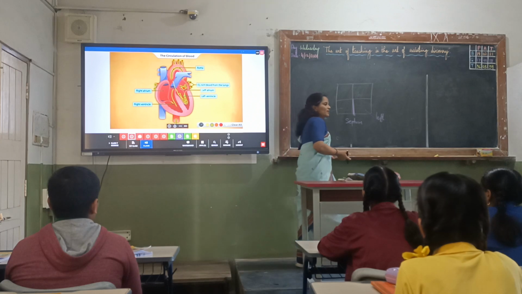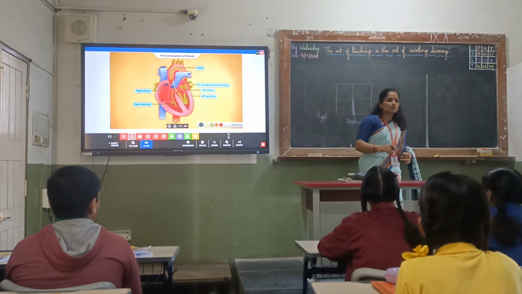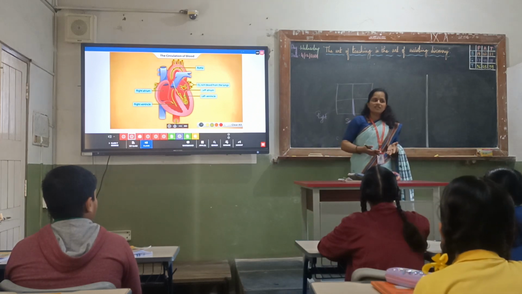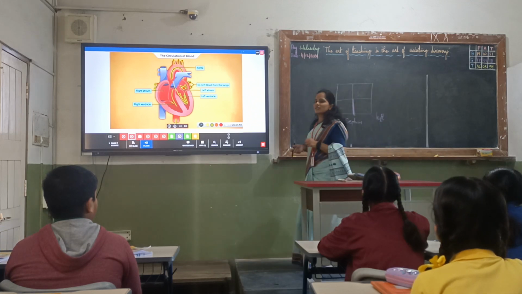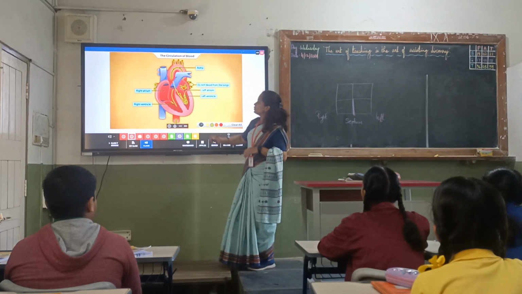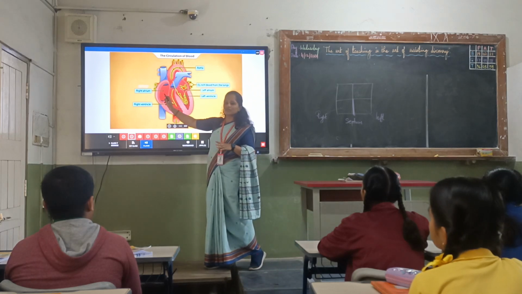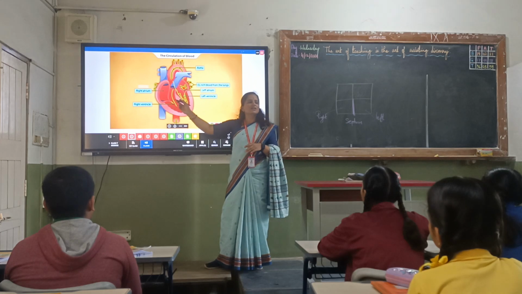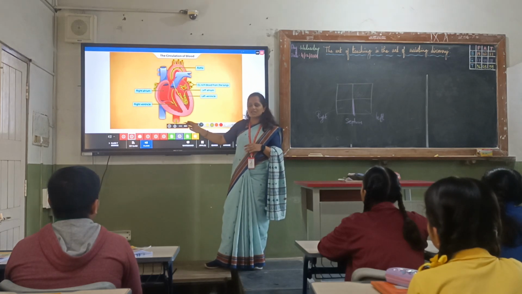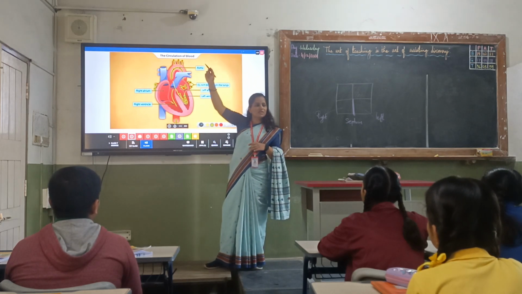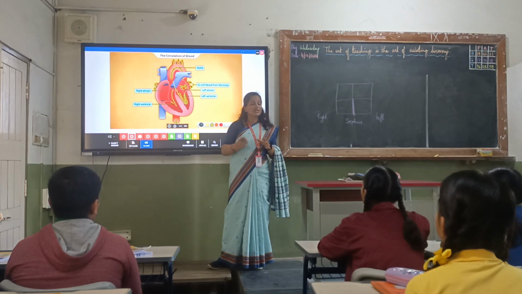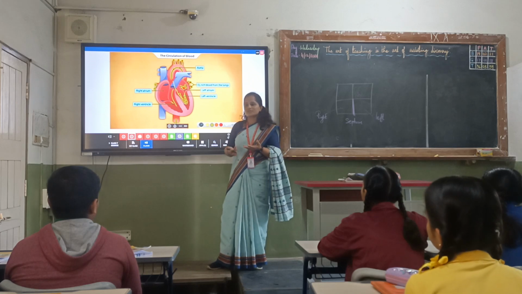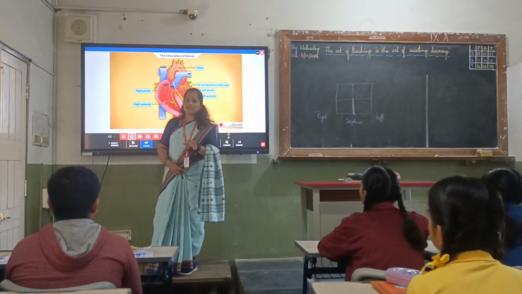On reaching the cell, that oxygen is used to break down the glucose, and during that process carbon dioxide gas is produced. Again, the blood receives that carbon dioxide, and through the vena cava it enters into the right atrium. Then again from right atrium to right ventricle to lungs for purification. So like this the cycle goes on. In this way, the heart pumps the blood. This is the working of the heart.